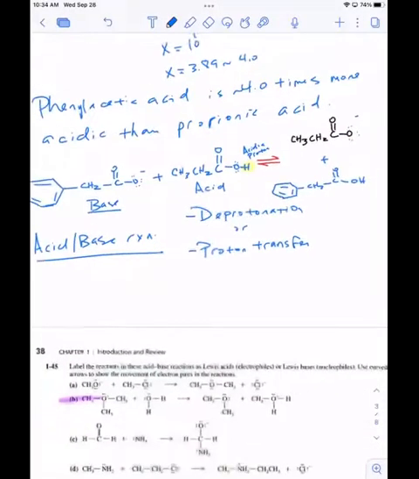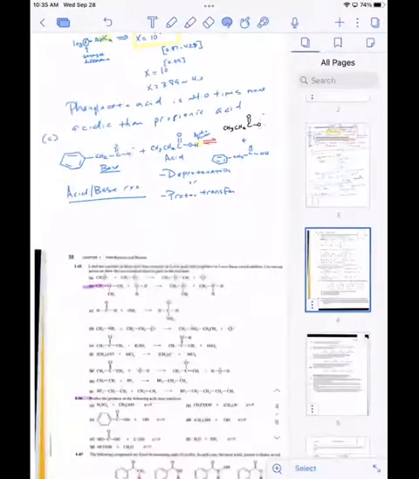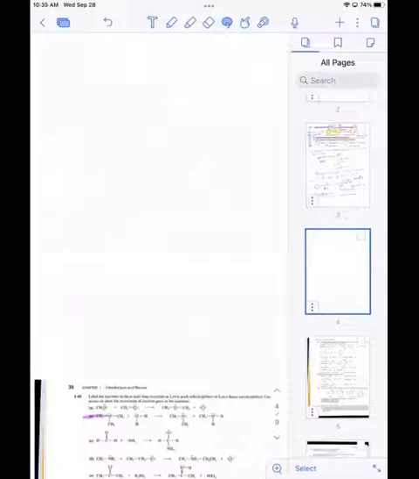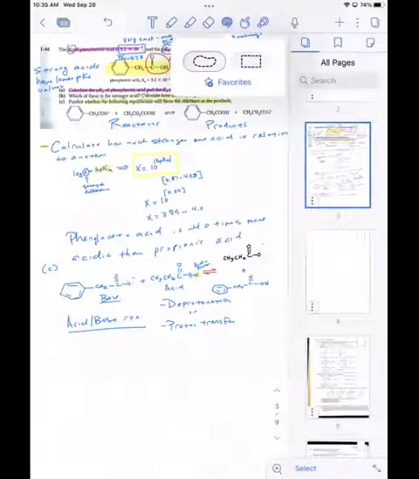If you read the section in the chapter on acids and bases in the Klein book, it is going to refer to it as proton transfer. It means the exact same thing. Let me push this to another page.